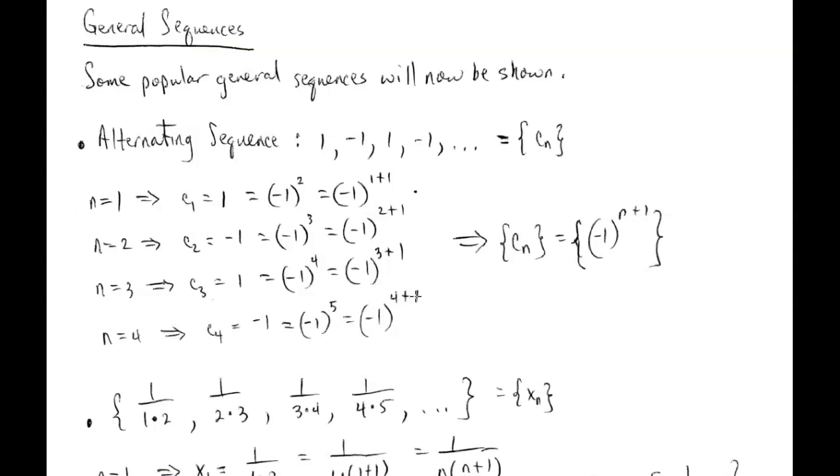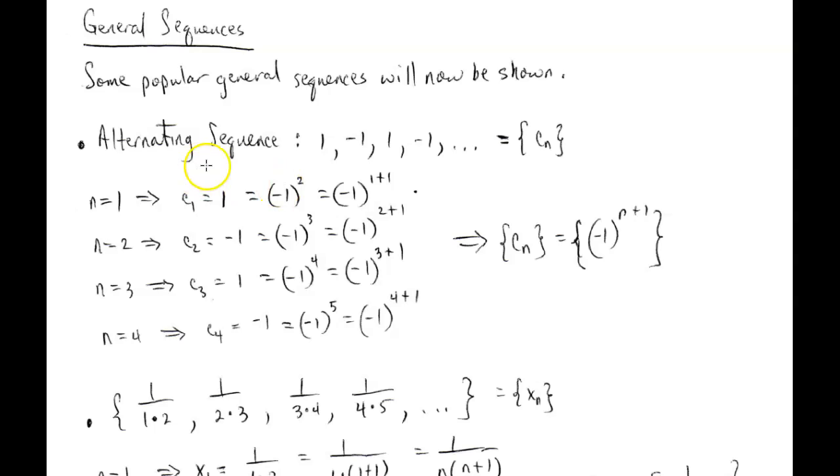One of the most popular general sequences that we have is an alternating sequence. The purpose of it is to make sure that you have proper signage on your numbers in the sequence. So let's say your numbers switch off from being positive to negative or negative to positive, then the alternating sequence allows you to be able to characterize that properly.